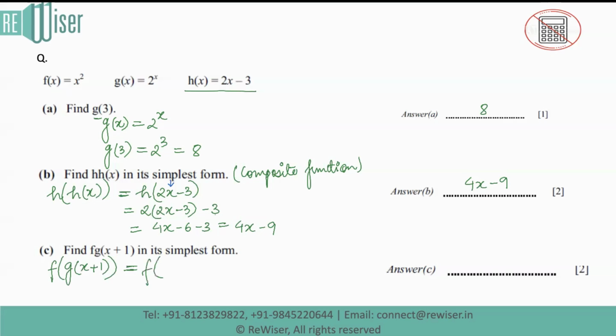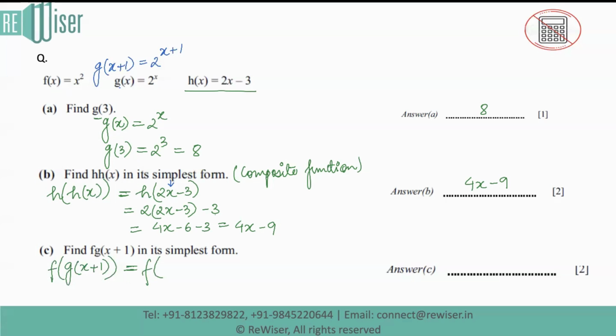So first of all, we'll try to calculate what is g of x plus 1. Since I know g of x is 2 to the power x, so g of x plus 1 is 2 to the power x plus 1, which we would be replacing here inside the bracket.